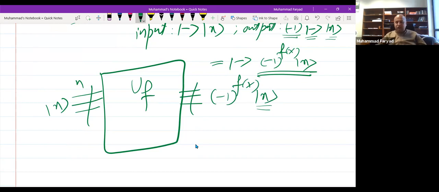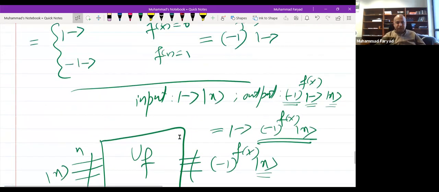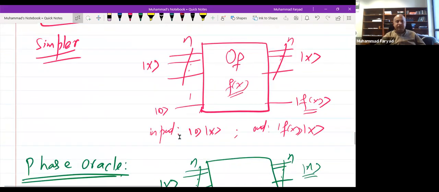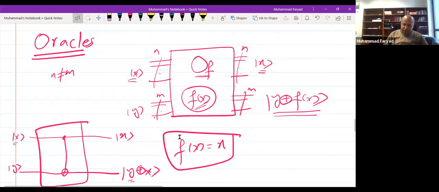Let me recap, because it's a little bit confusing why we are doing things this way. We started with this oracle because we can simulate it very easily with control X, because control X does nothing but XOR these inputs into this form. So this output is exactly y plus modulo f of x. So by different combinations of these CX gates, we can get this y plus different f of x.